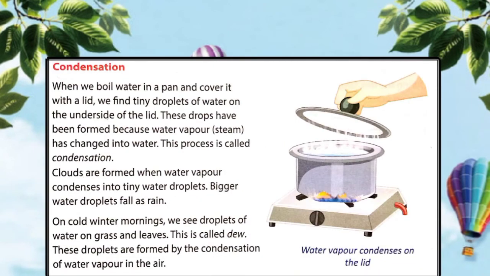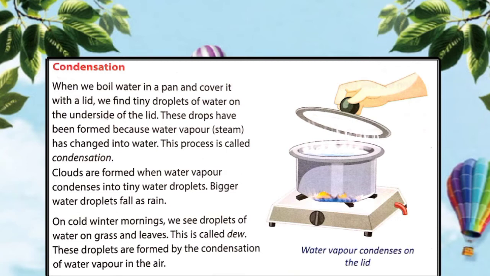Now let's understand what condensation is. When we boil water in a pan and cover it with a lid, we find tiny droplets of water on the underside of the lid, and these drops have formed because water vapor has changed into water. This process is called condensation.